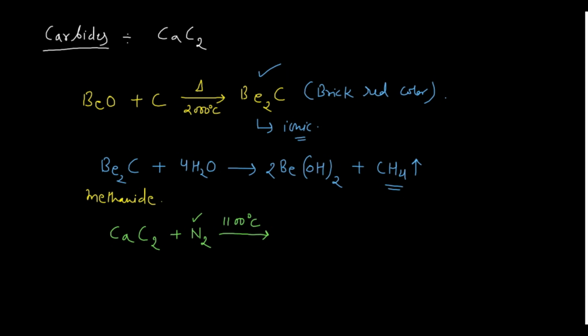So if you heat this calcium carbide along with nitrogen at a very high temperature, it will form a very important compound known as CaNCN. Of course your carbon would be removed from here, black carbon, or carbon black you can call it.